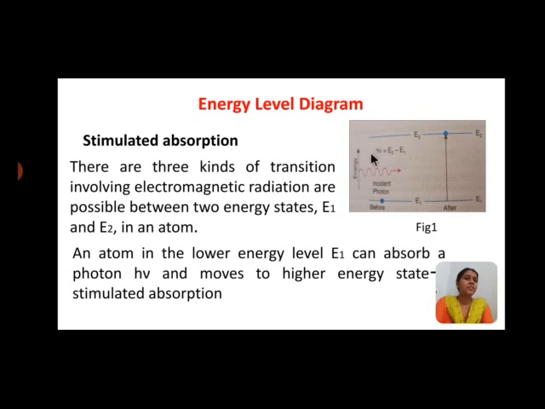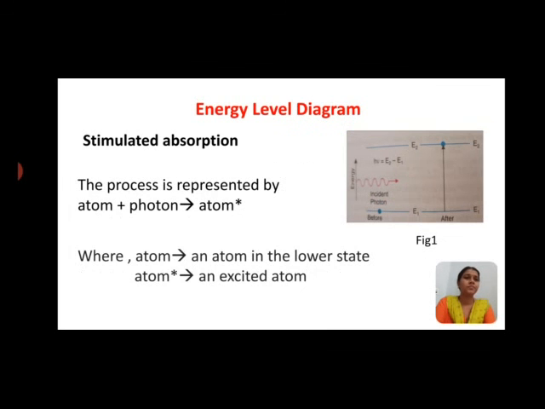Now, this is the energy level diagram for the stimulated absorption. This I have written as before: what is happening before, and after, what is happening here, which is shown here. The atom is sitting here in an excited state. This is the after case. So, how will we represent this stimulated absorption? Now I will write it. The atom is in the ground state. I will write it as atom plus photon. This is the before process.